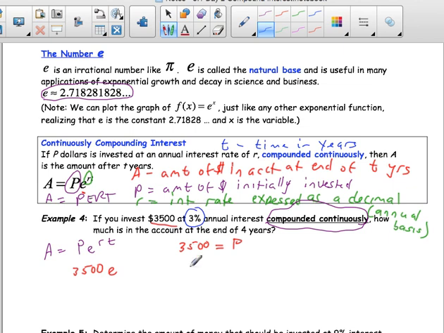This is the interest rate, so R is equal to 0.03, because it's an annual interest rate, we want to express it as a decimal. And it says you're going to hold that investment for 4 years. So that means T is equal to 4. So we're going to have 0.03 times 4 in the exponent here. And if we calculate this, we can figure out how much money we'll have in the account.